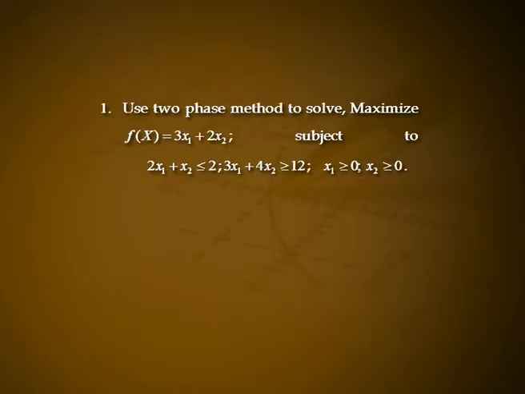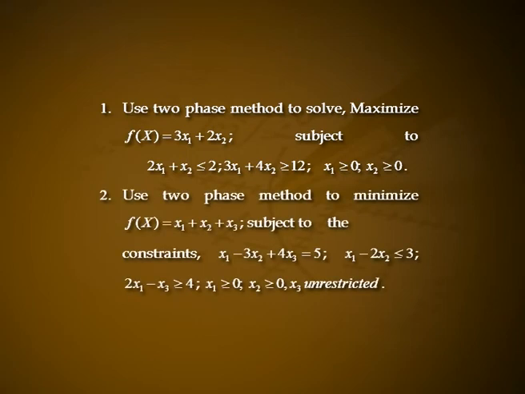Before going to the next module, please try to answer the following questions. 1. Use two-phase method to solve: Maximize f of x equal to 3x1 plus 2x2 subject to 2x1 plus x2 less than or equal to 2, 3x1 plus 4x2 greater than or equal to 12, x1 greater than or equal to 0, x2 greater than or equal to 0. 2.